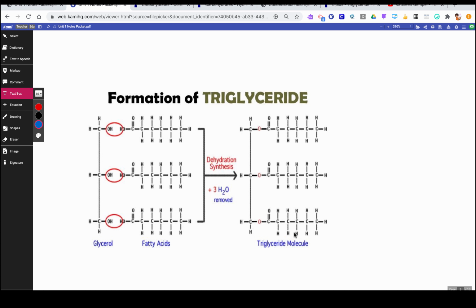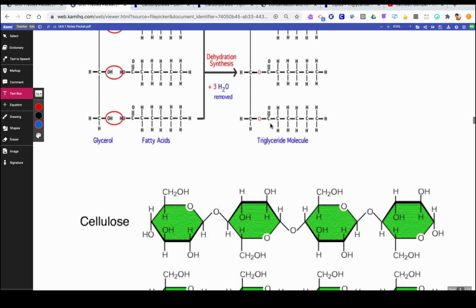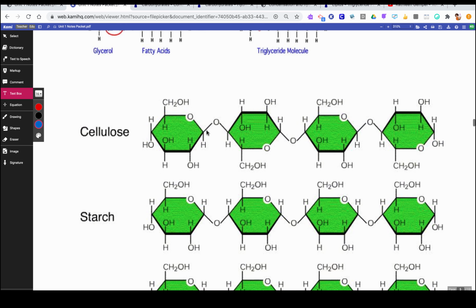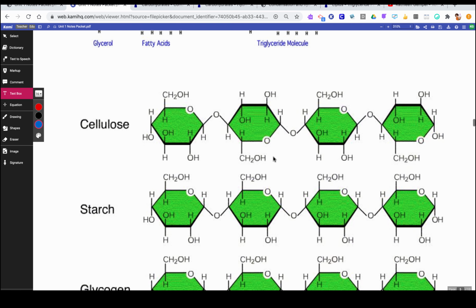So these are 3 saturated fatty acids that are connecting to this glycerol backbone by condensation. So the water comes out, and these are called ester linkages. And then this just shows you a few different carbohydrates, and you can see their glycosidic linkages.